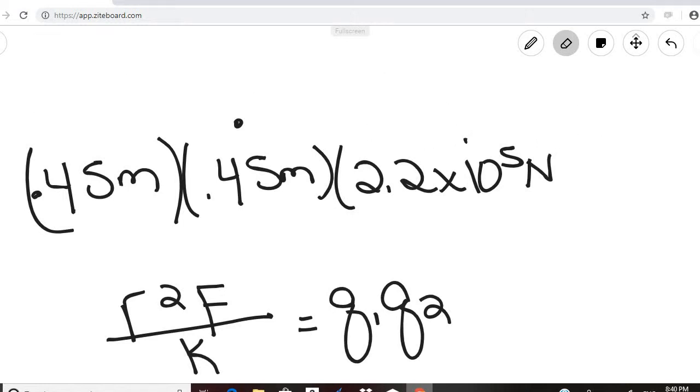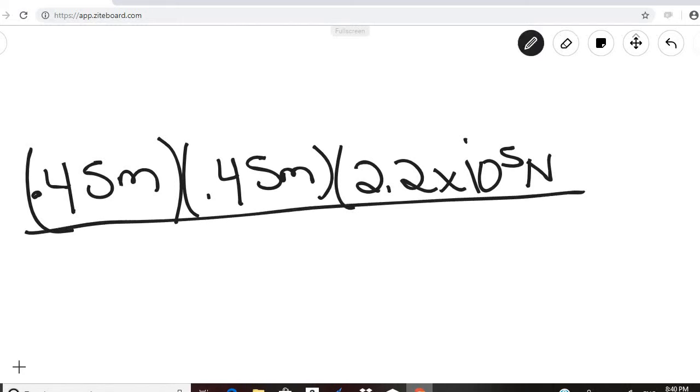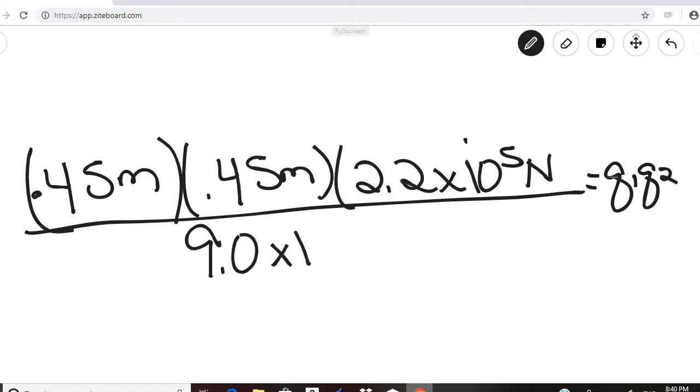And then we will divide that by K, and K is 9.0 times 10 to the 9th Newton meters squared per Coulomb squared.